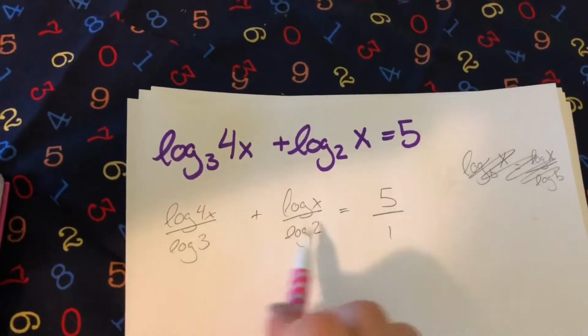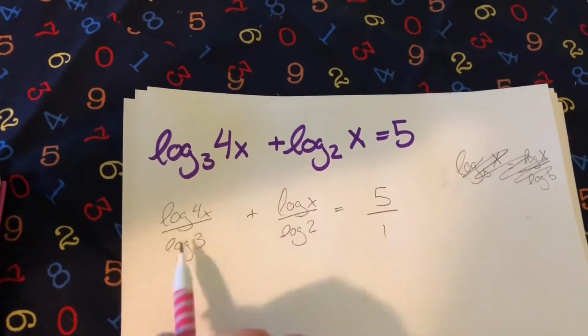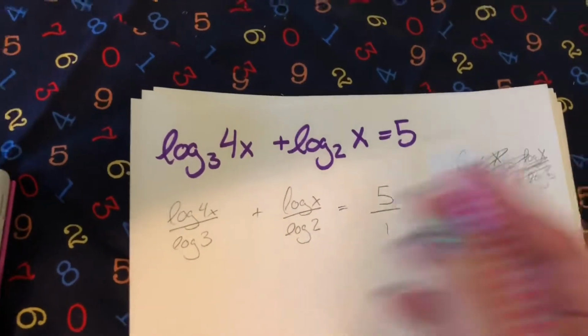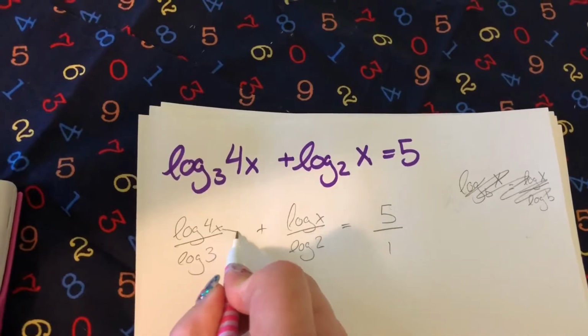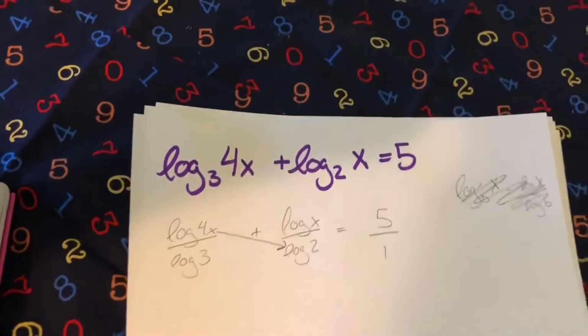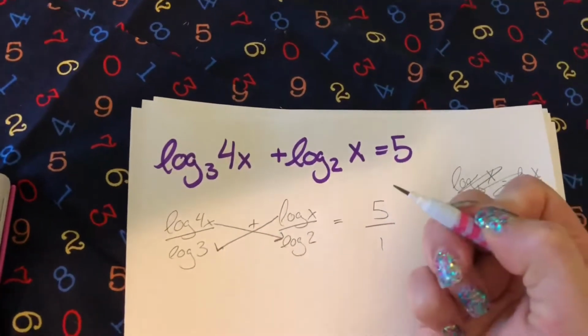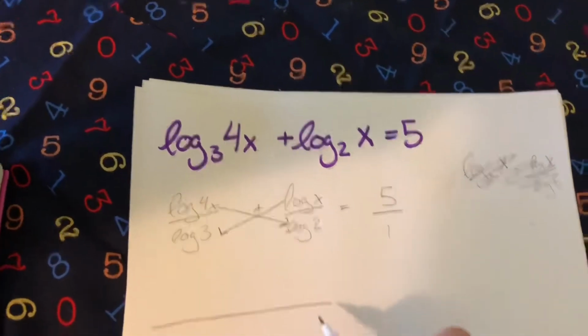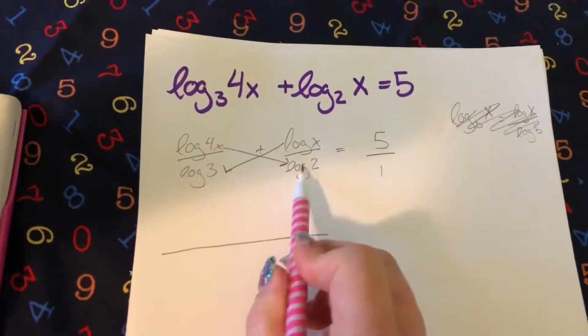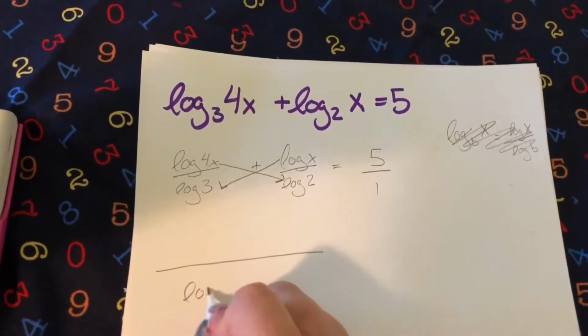And then since I'm adding these two logs together, I'm going to go ahead and get a common denominator. The way I like to get a common denominator is just multiply the numerator of the first fraction with the denominator of the second, and the numerator of the second fraction with the denominator of the first. And then all that'll go over a common denominator where you just multiply the two denominators together.